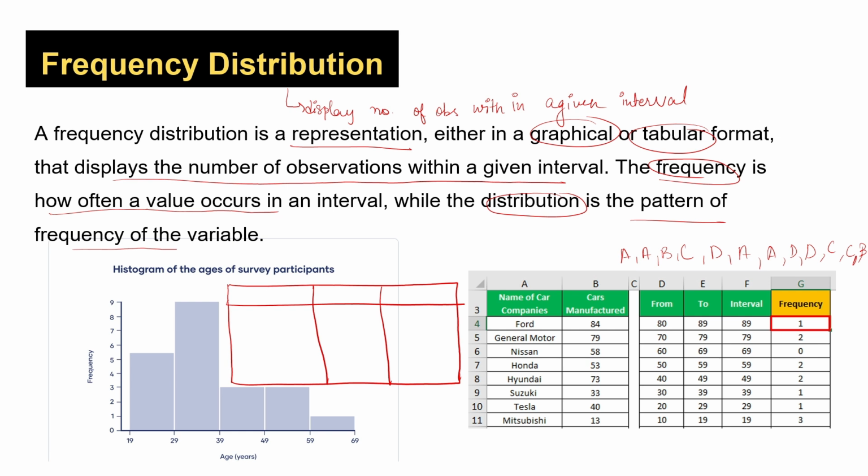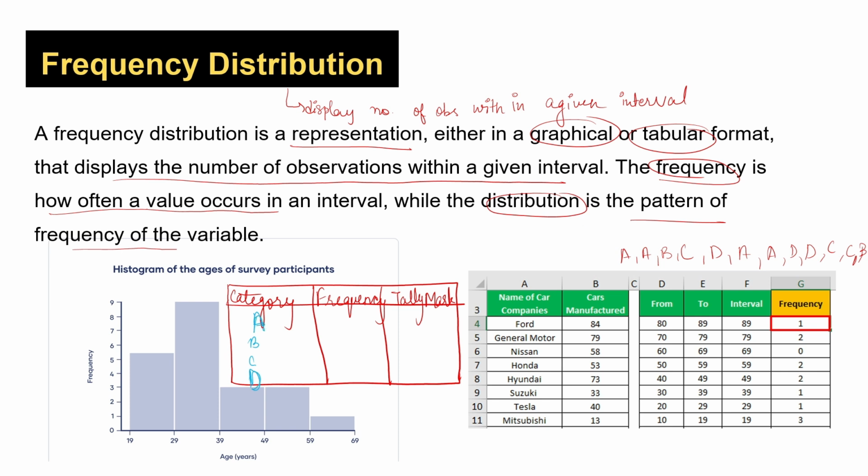The first column will be categories, the second will be frequency, the third will be tally marks. So now we have 4 categories here: A, B, C and D.